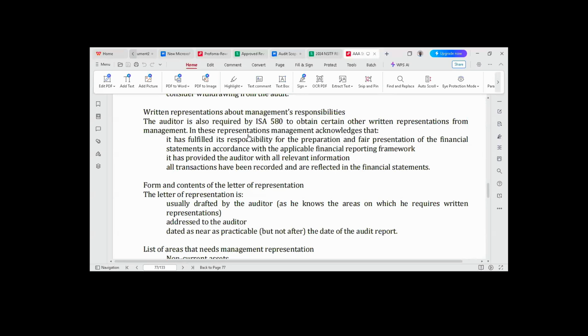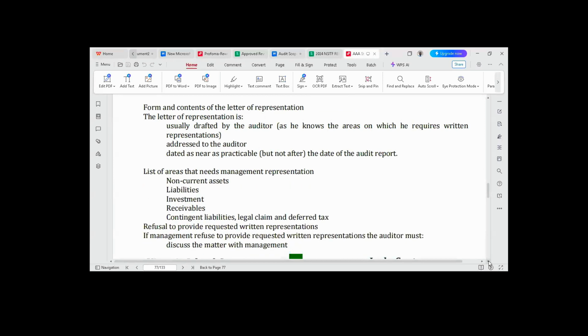So that letter that goes forth before the balances are received from those customers is another form of letter of representation, because it is the letter that tries to validate whatever information you have in the financial statement. Some of the areas where you need a letter of representation include non-current assets, liabilities, and investments.